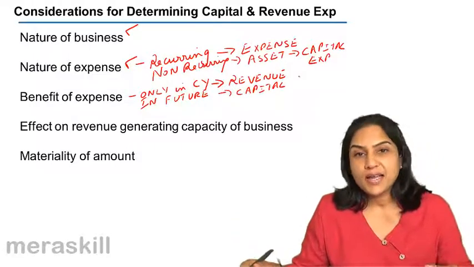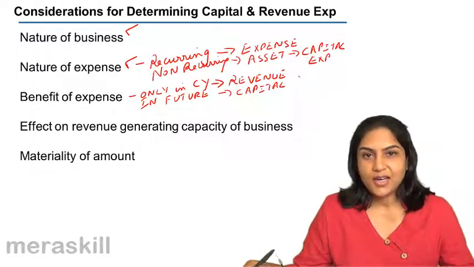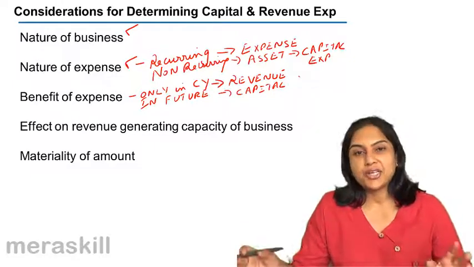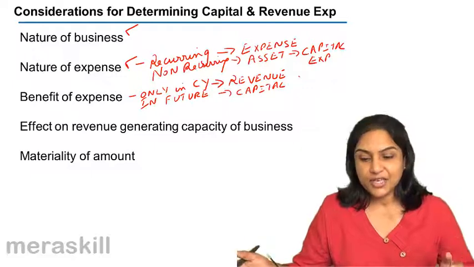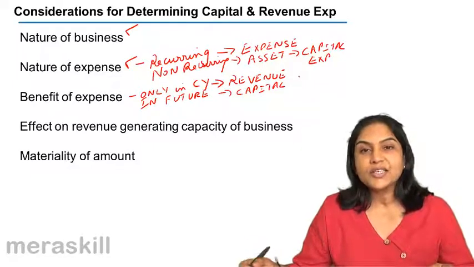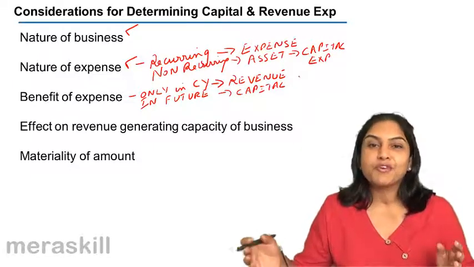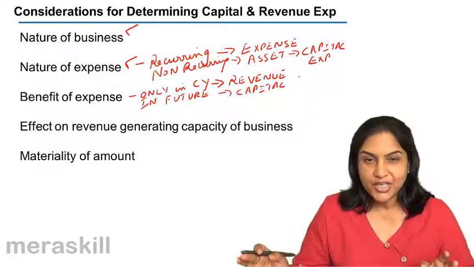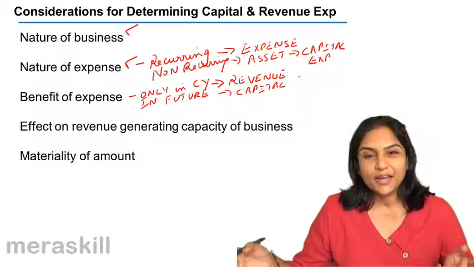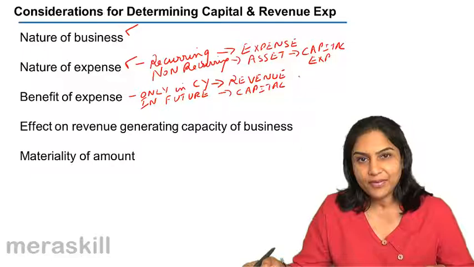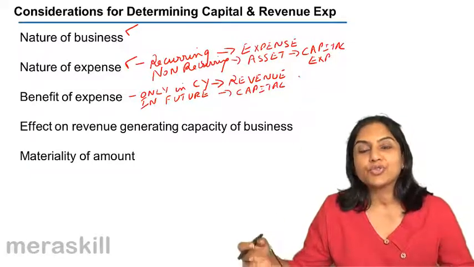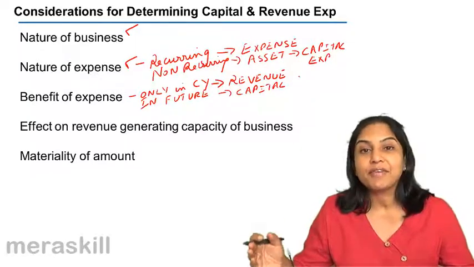So I buy stationery. I buy machinery. When I buy stationery, I intend to use it in the current year. The benefit of that stationery that I have purchased, I get only in that period, in that month. I don't expect to use the same stationery for several years.